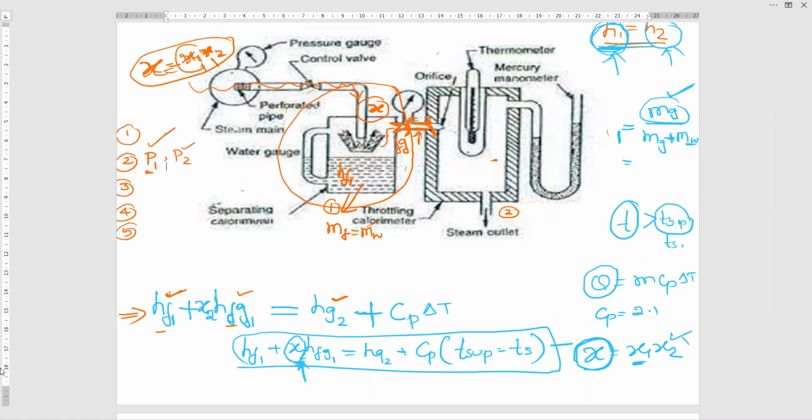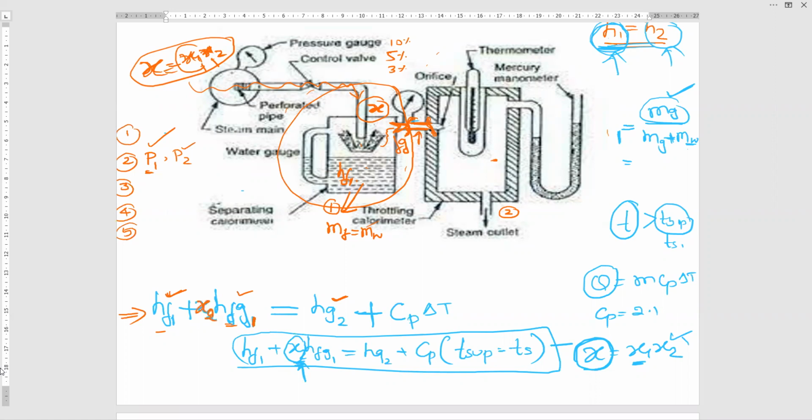Some percentage of moisture will be there, maybe 5% moisture, maybe 3% moisture, understood? Maybe 10% moisture. It doesn't mean that it is purely gas. So it is also FG, a mixture of water and gas at this point. So I will write HFG. At what pressure will you take this value? P1. Now X2 you have to multiply with this point.